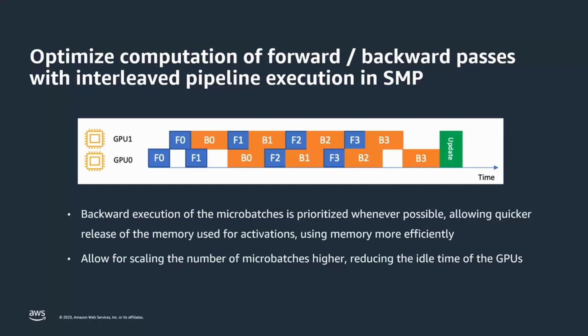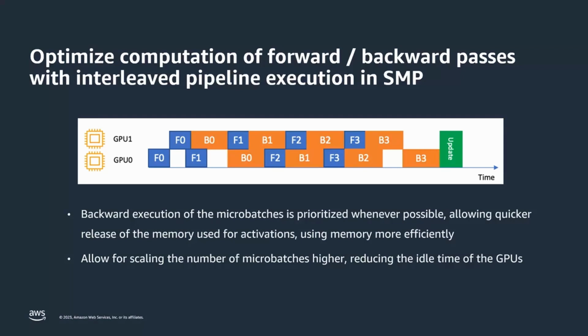F0 means the forward pass for micro batch 0, and B1 represents the backward pass for micro batch number 1. So you can see how we run them over time, and updates represent the optimizer update of the parameters.